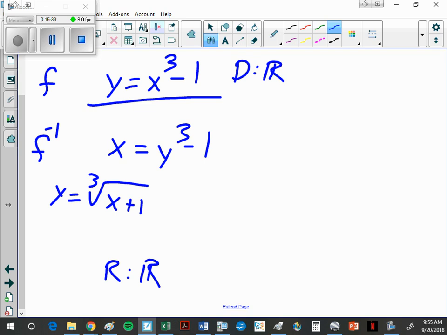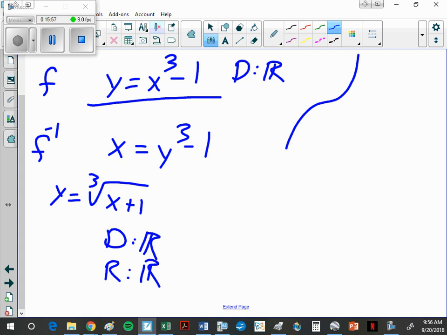What does an x³ graph look like? Looks like this, right there. Does it have any range restrictions? Nope. It's all real numbers, so down here, domain is also all real numbers.